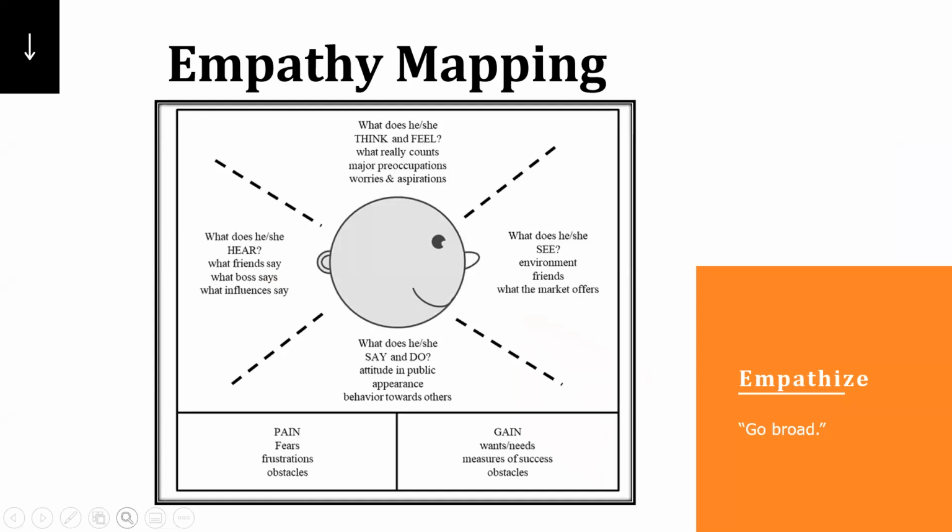And at the end of the day, I remember that we need to list out the pain and the gain. The pain means what kind of obstacles, what kind of frustrations the target or the person feels or thinks, does, hears, everything, all the negative parts.